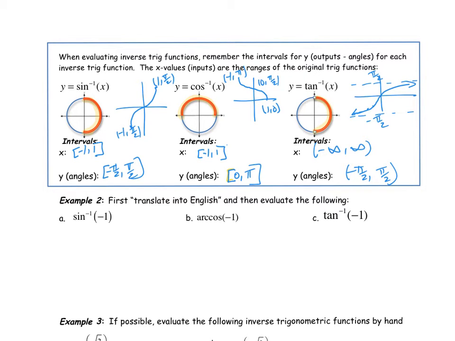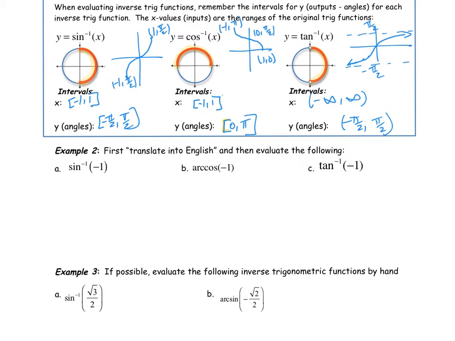So having an image of these 3 graphs, kind of these sketches at the top, will help you when evaluating inverse trig functions. So before we dive in and evaluate a whole bunch of them, I want to translate into English, so it's kind of in quotes, what the problem is asking us to find. So if we're asked to evaluate sine inverse of -1, that's telling us to find the angle.